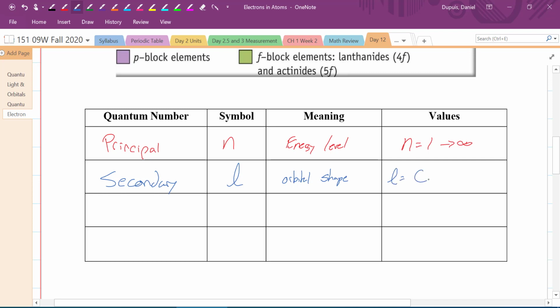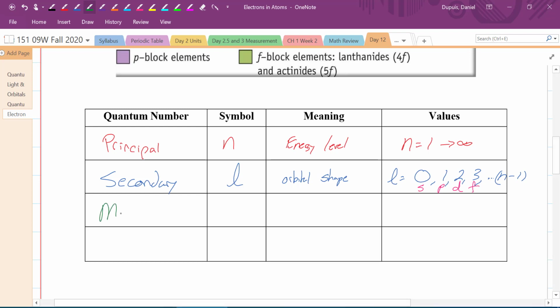L can be 0, 1, 2, 3, all the way to n minus 1. Now we know S, P, D, F. So L is 0, it's an S; L is 1, P; L is 2, it's a D; L is 3, it's an F orbital.